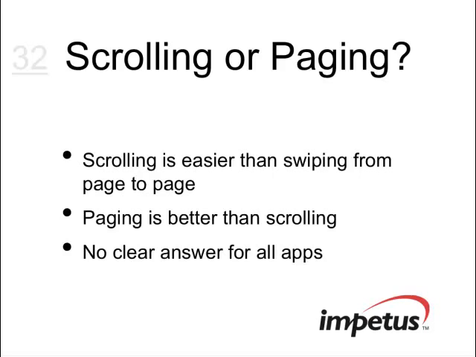The only thing I would suggest as a guideline is that if you are doing scrolling, make sure that it's clear to the user that you are scrolling up and down and that there's some affordance, so that content doesn't neatly clip at the bottom of the screen and you don't realize that there's more that can come up into the view. And the other thing is that the iPad scrolls smoother than any other computer out there.